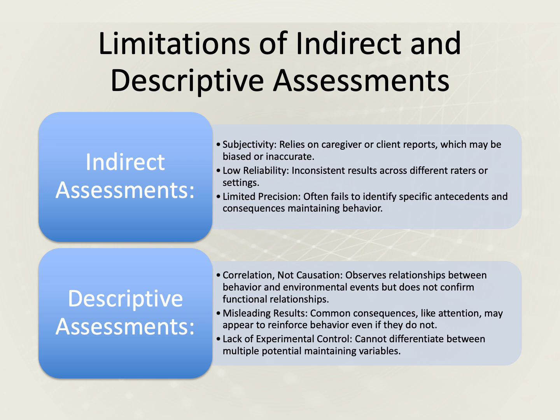The indirect assessments are based off of a caregiver, the client, or other stakeholders just giving you their opinion or their perspective on what they see, what they've observed, what they believe. And it comes with sometimes some biases. Because you're basing the assessment on just caregiver report or client report, there can be, like I said, some biases or they might be inaccurate.